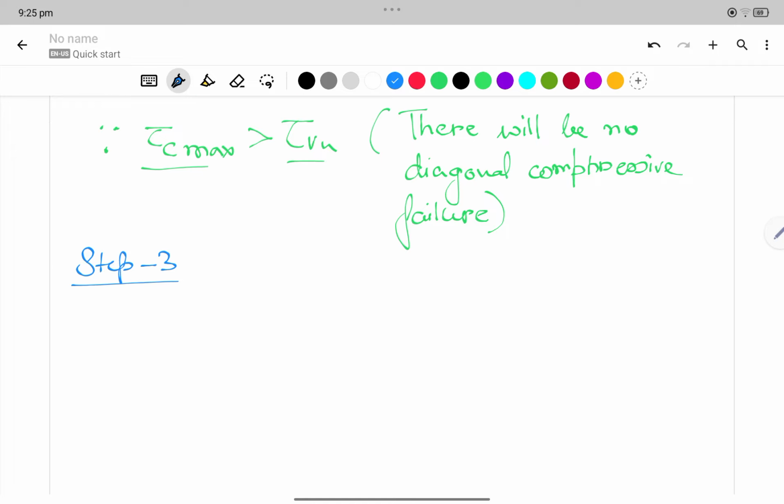We have to calculate the percentage of steel. How to calculate it? It is 100 into As divided by b into d. Okay, so this is the calculation of percentage of steel, and we need two things: percentage of steel and grade of concrete.